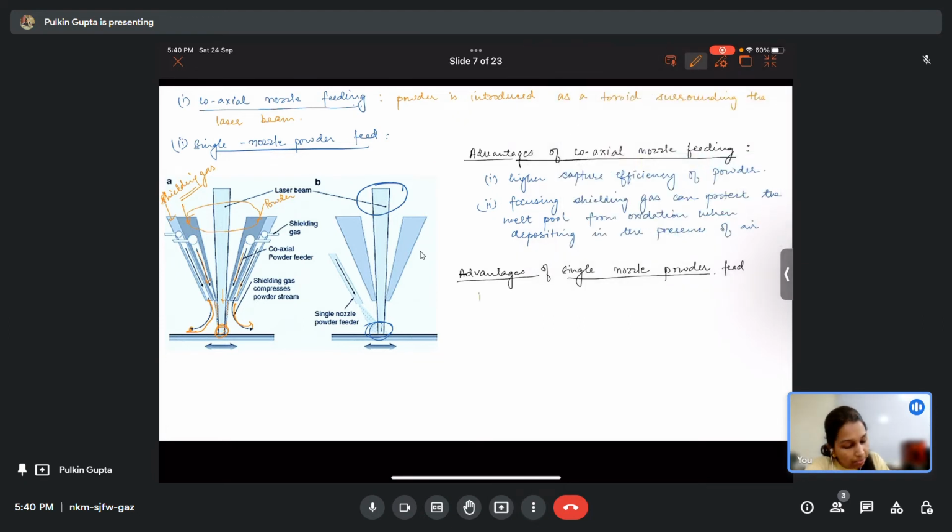First is the apparatus is relatively simpler. Second is you have better powder capture efficiency than four nozzle feeding.